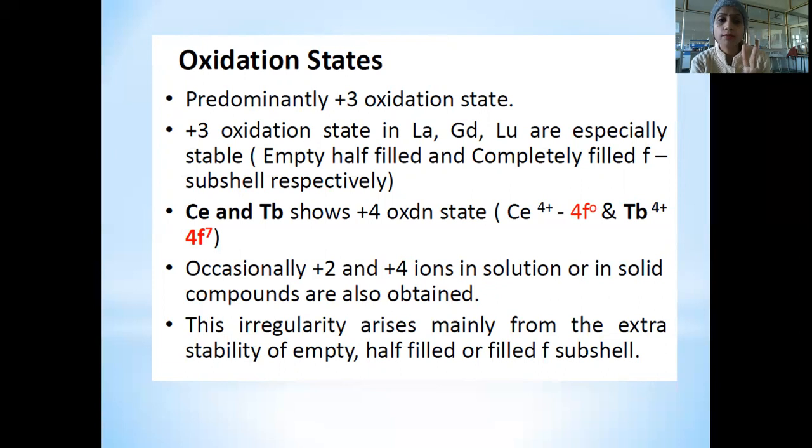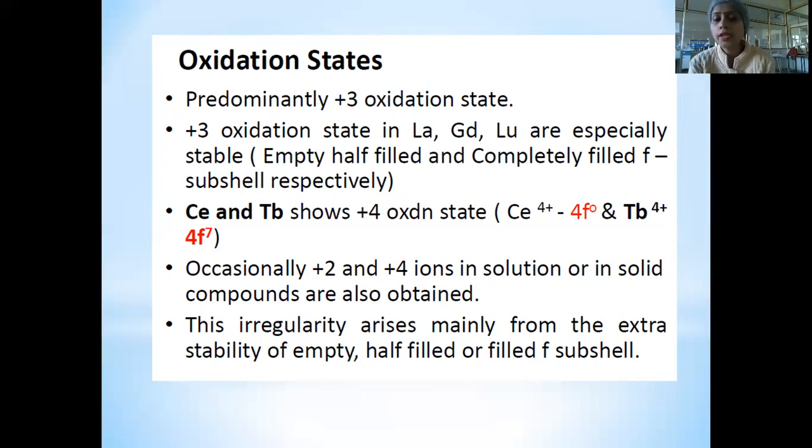Now these two elements, cerium and terbium, show the +4 oxidation state. Why? Because Ce4+ leads to 4f0, and Tb4+ leads to 4f7. After losing 4 electrons, the state that it obtains has a more stable electronic configuration. That is why these two elements exhibit this oxidation state.